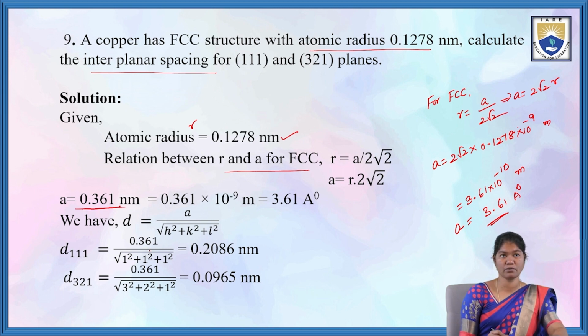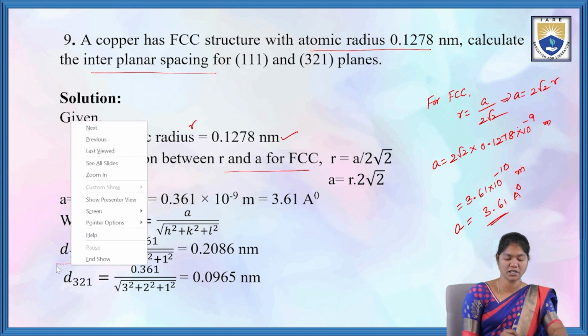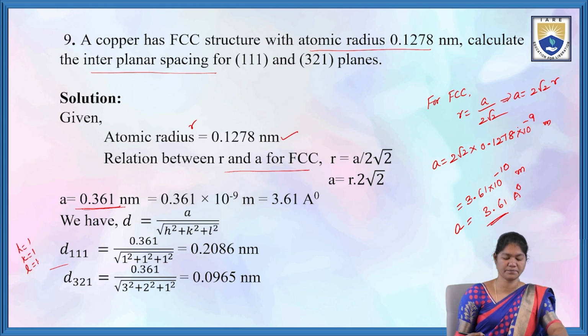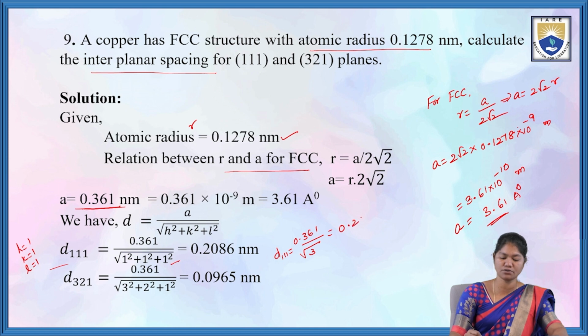Substituting, 0.361 nanometers divided by root of 1 square plus 1 square plus 1 square, where H, K, L equal 1. So 0.361 divided by root 3. This value becomes, for the 111 plane, 0.2086 nanometers.